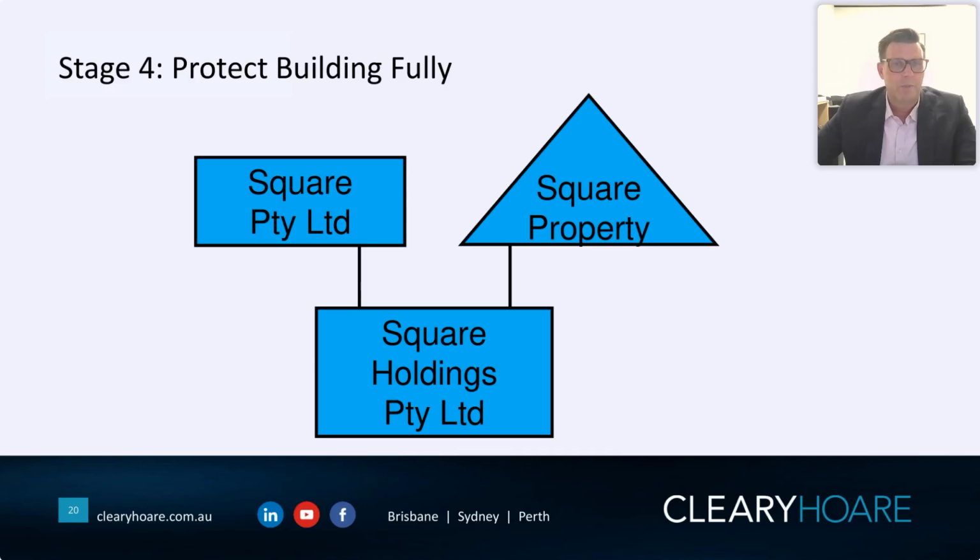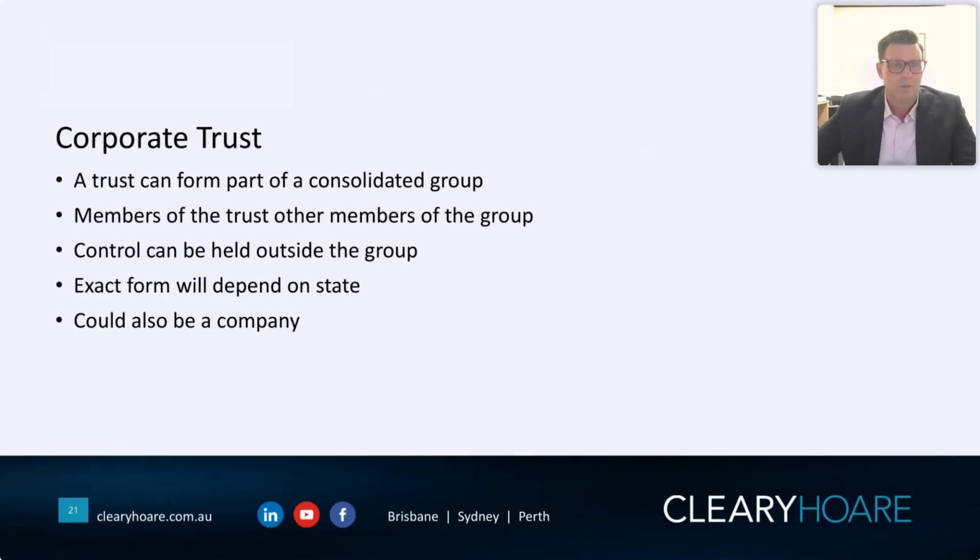So that could, for example, be a unit trust. For land tax purposes, we may want it to be a fixed unit trust. Or it could be a version of a discretionary trust where the only other beneficiaries are Square and Square Holdings. Just depends on discussions with the client and what they want to do moving forward. That, as I said, could also be a company.